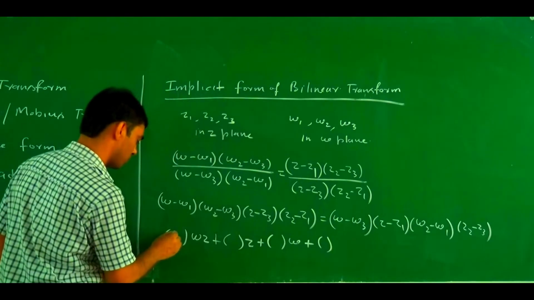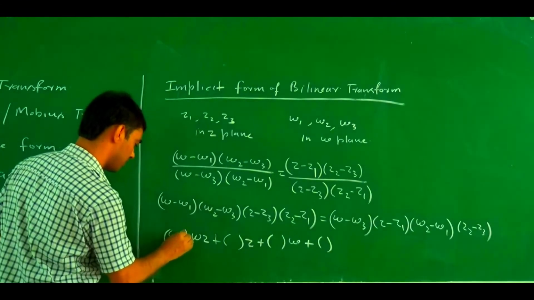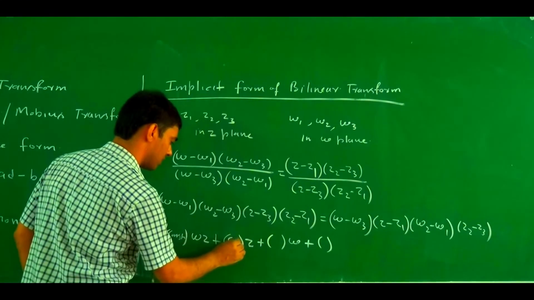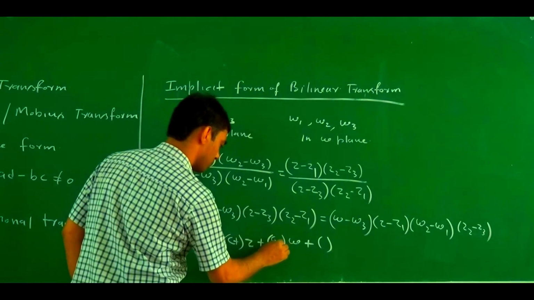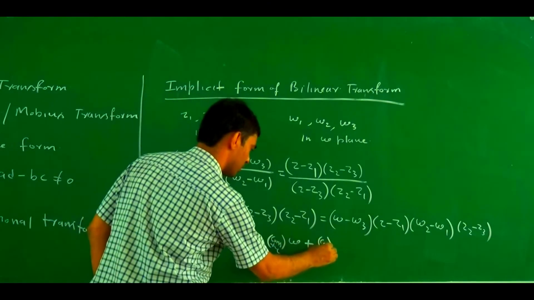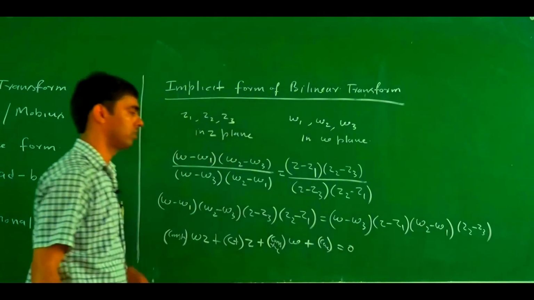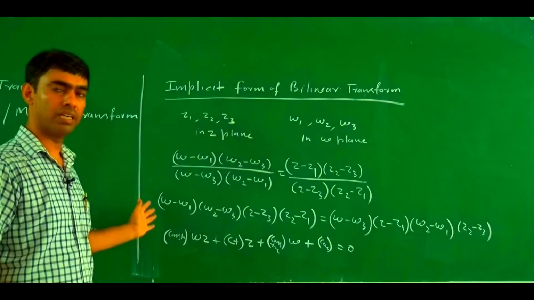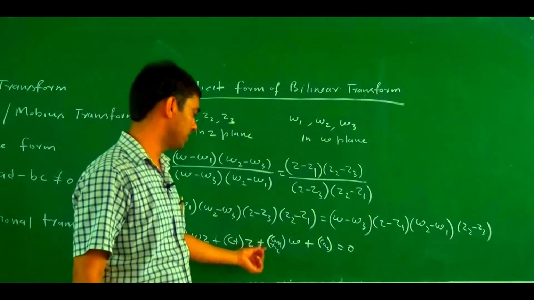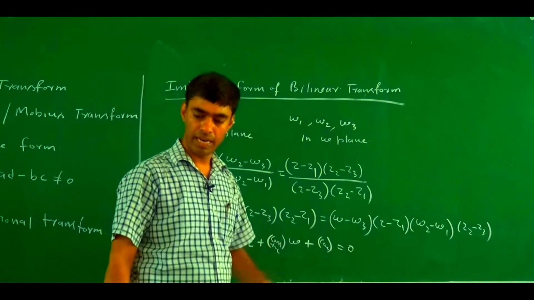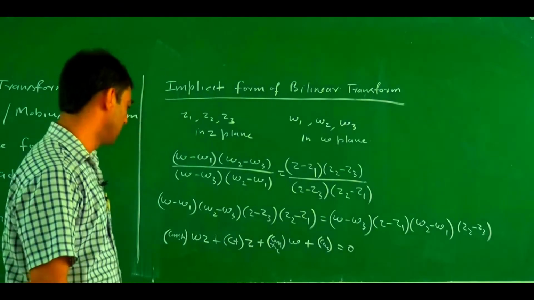Each of these is a constant. We equate the right-hand side and left-hand side: the coefficient of WZ, the coefficient of Z, the coefficient of W, and all the constants.